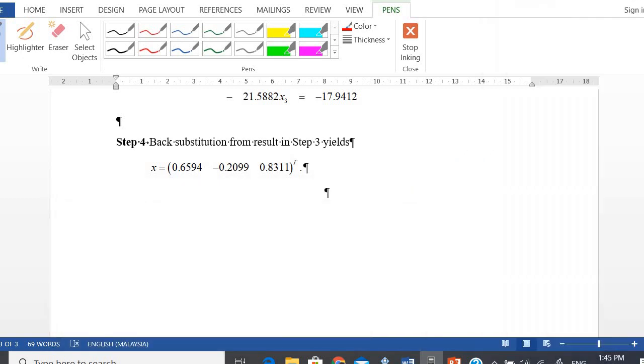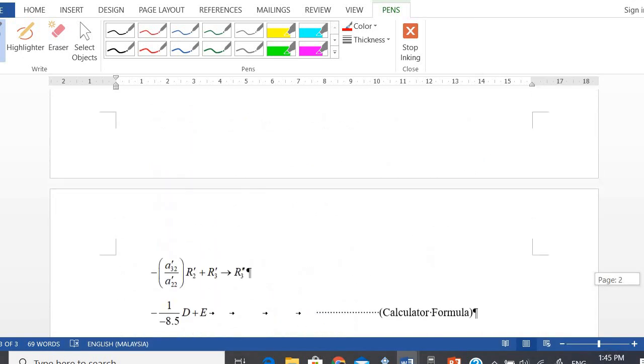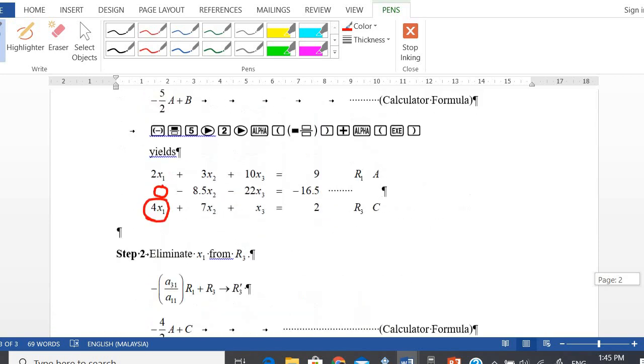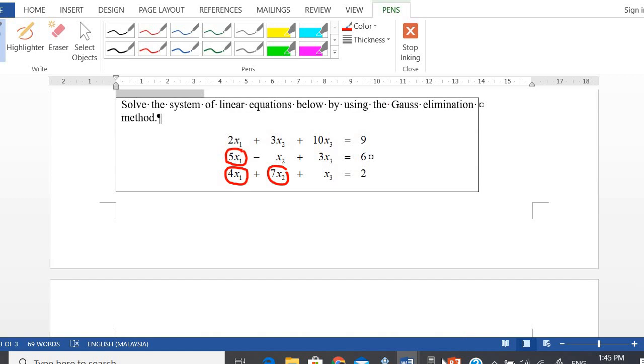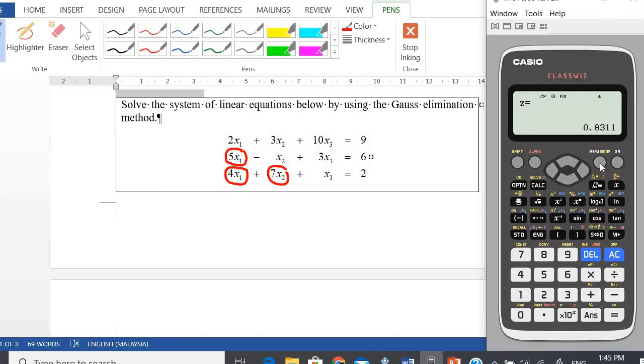So in conclusion, to solve a system of linear equations using your scientific calculator, you can directly use the equations menu, simultaneous equations, and obtain the solution of your x1, x2, x3 directly.